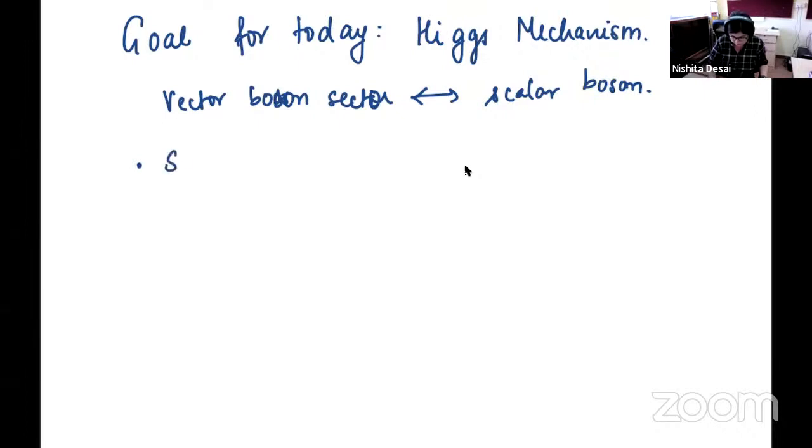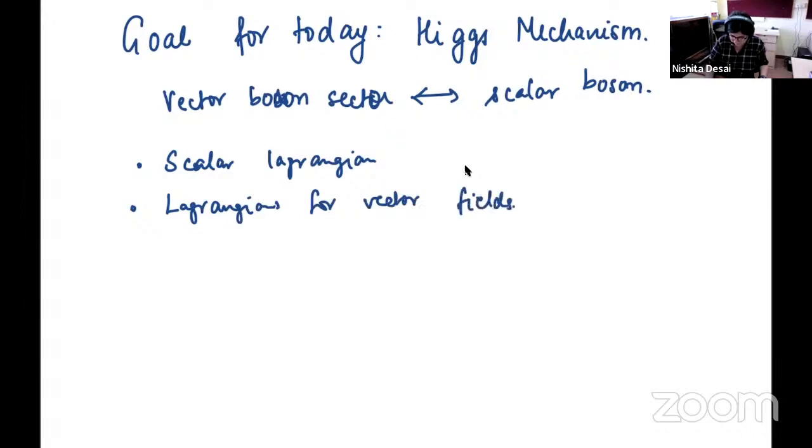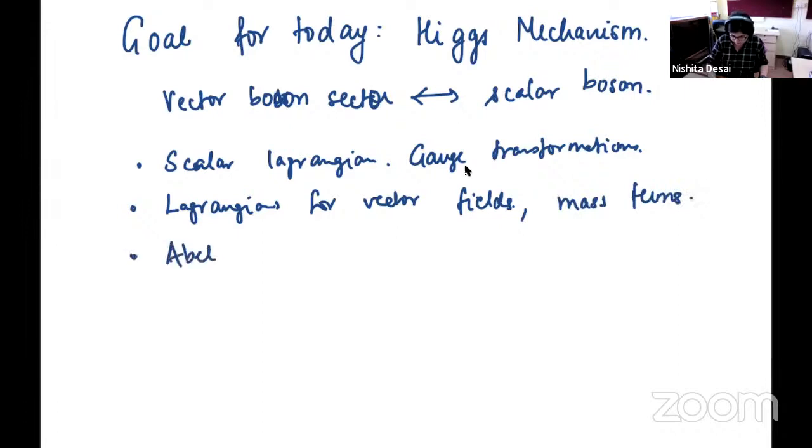We're going to start with the scalar Lagrangian. Then we're going to talk about Lagrangians for vector fields. We'll also talk about gauge transformations for scalars. Then we'll talk about vector fields and mass terms for vector fields. And then we'll talk about what is called the abelian Higgs model.